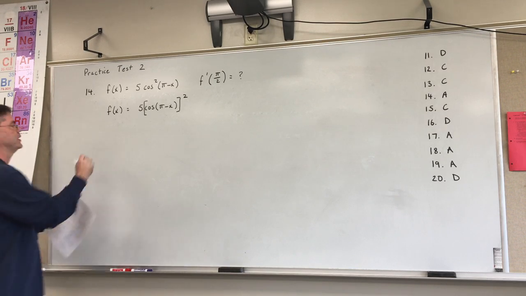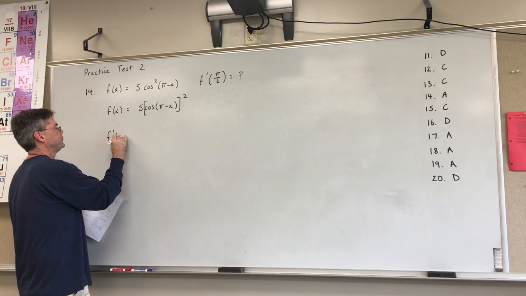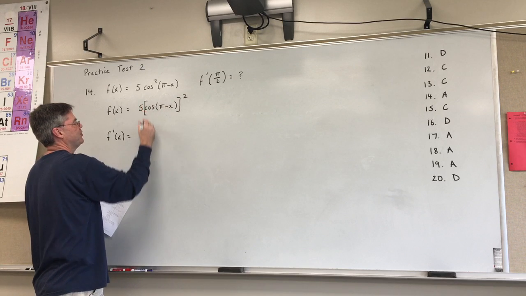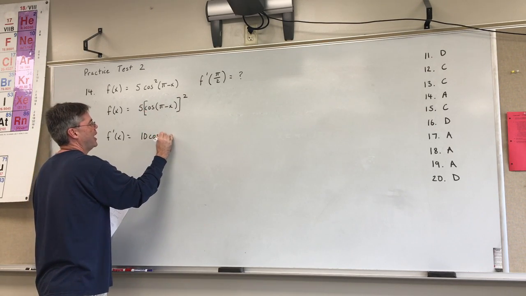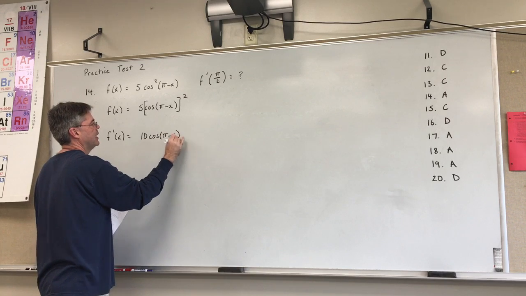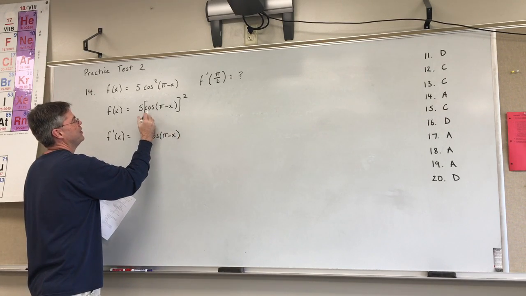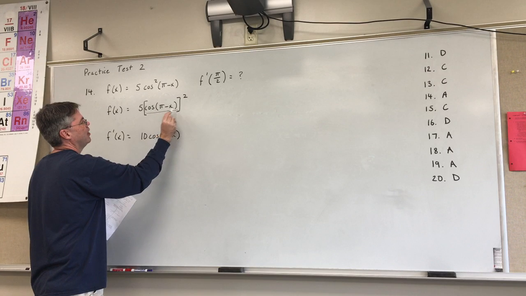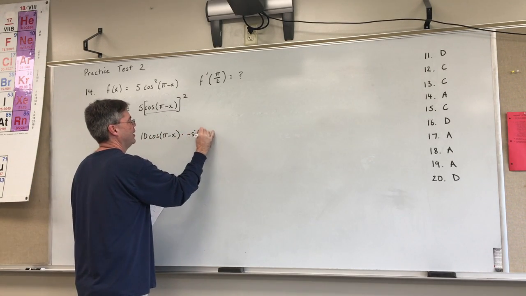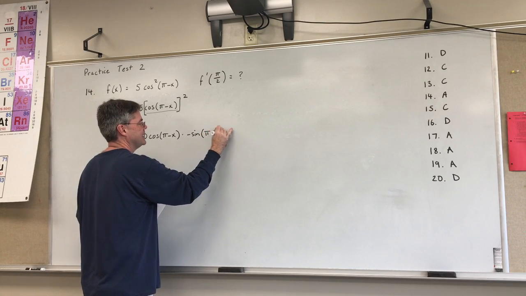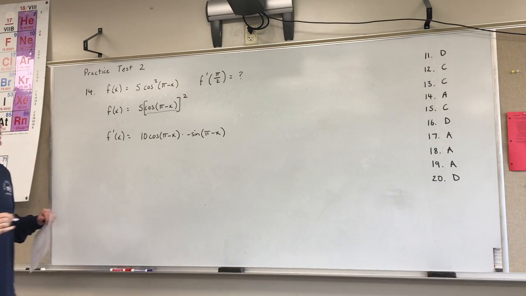Same thing. Okay, so f prime of x is going to be 2 times 5 is 10 times the cosine of pi minus x times the derivative of the cosine of pi minus x. Well, that's going to be times negative sine pi minus x. That's the second layer of the onion.